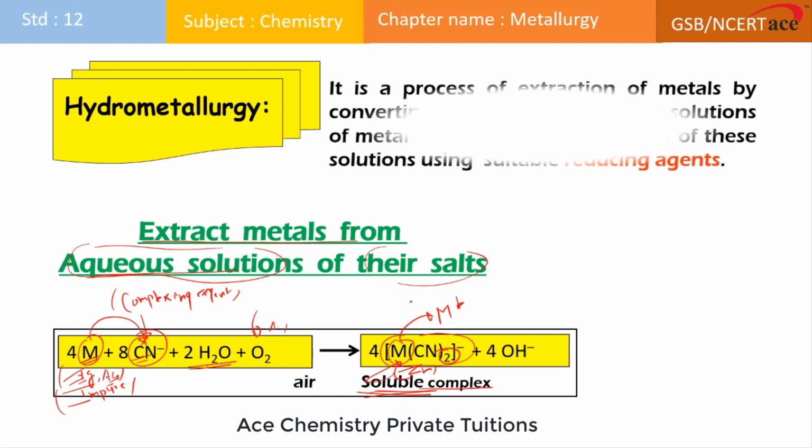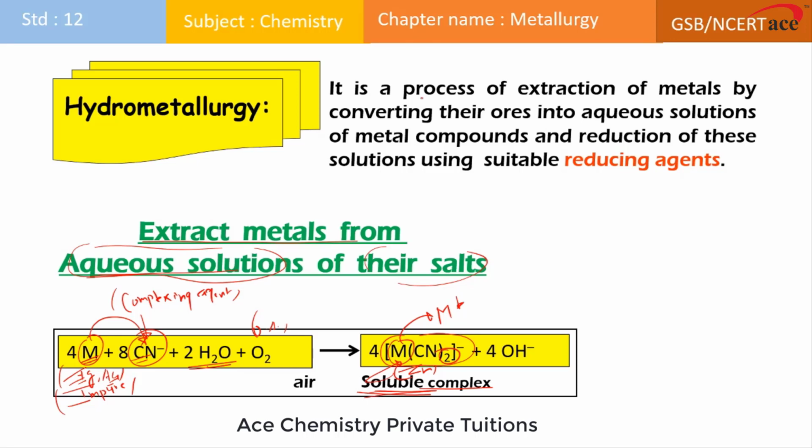So when we talk about hydrometallurgy, we can say it is a process of extraction of metals by converting their ores into an aqueous solution of a salt of the metal. Here we have converted the metal to an aqueous solution of its salt, like the cyano complex, which was soluble in the solution. Then we reduce this solution using a suitable reducing agent.